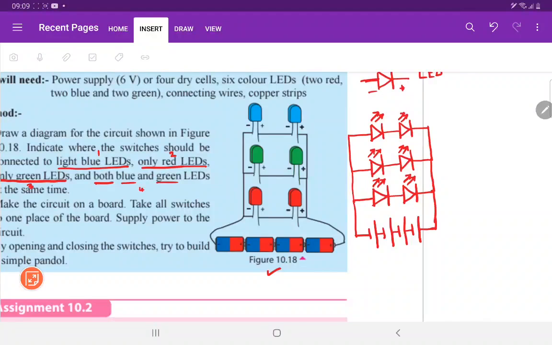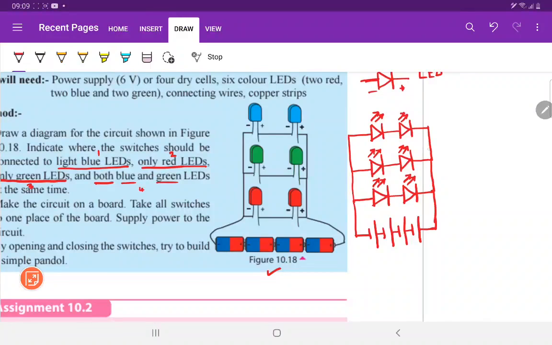So you have to keep a particular switch for each LED. So for that, what you have to do is you have to keep the switch here. Okay, the switch here.